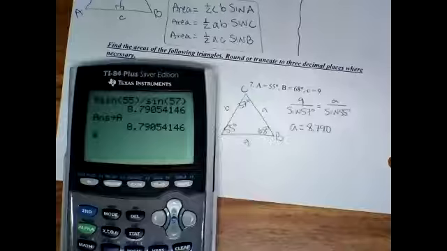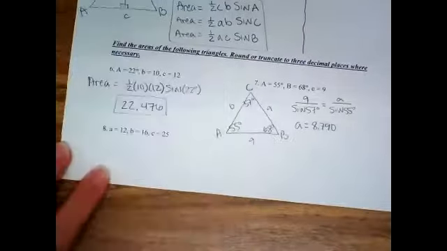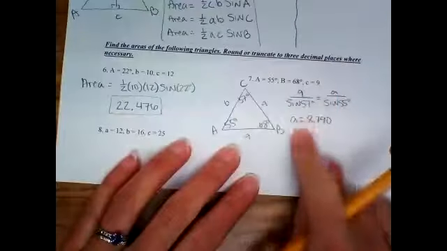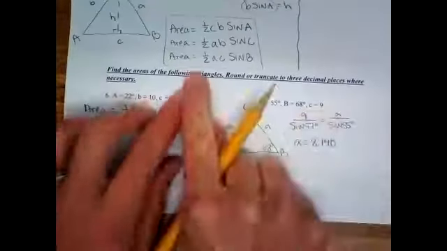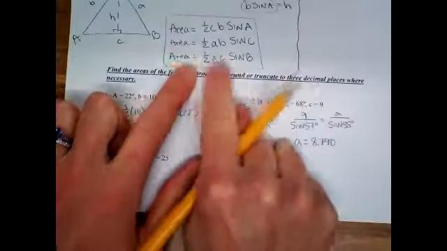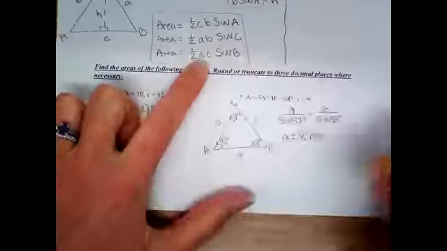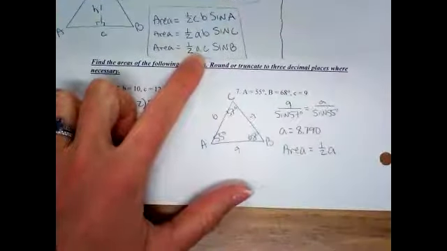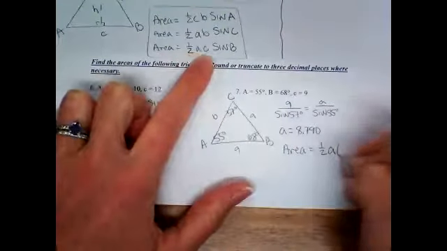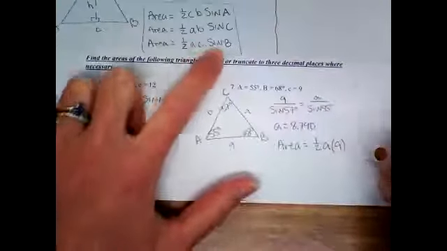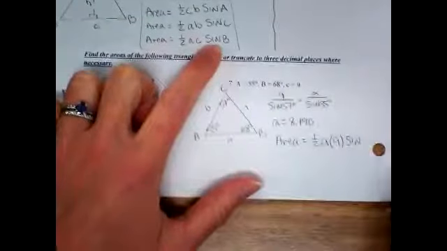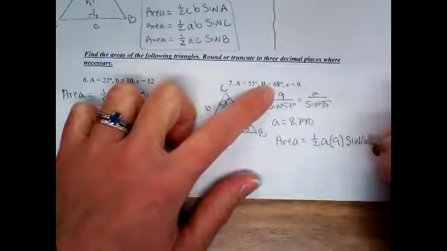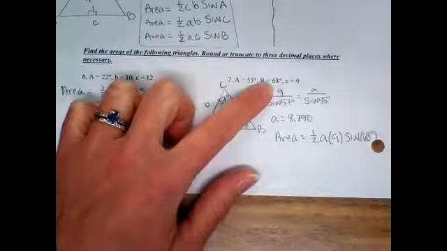All right, and then let's see which version of this formula we can use. We have A and we have C, side A and side C. So we're going to use this one, the third one there. Do you see that? So our area will equal 1/2 times A times 9 times sine of angle B, which is 68 degrees.